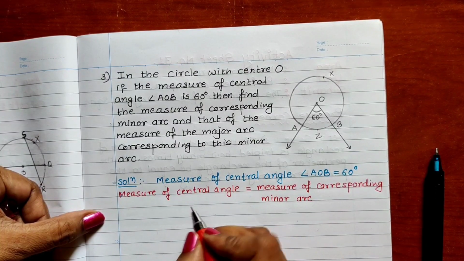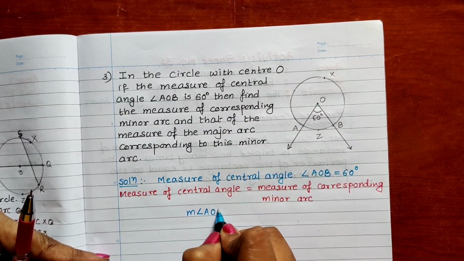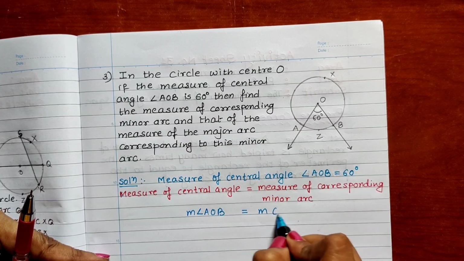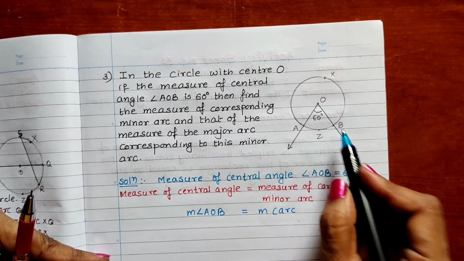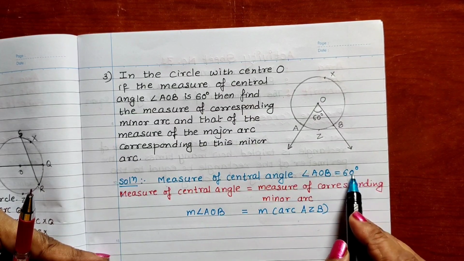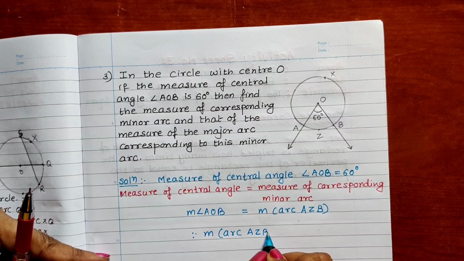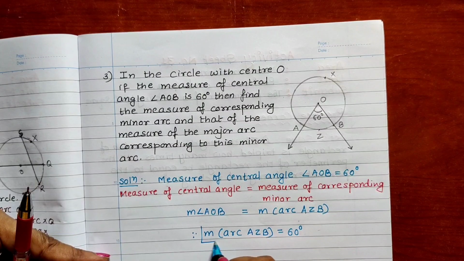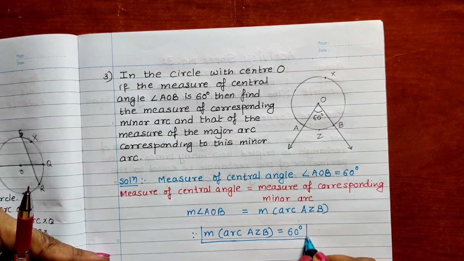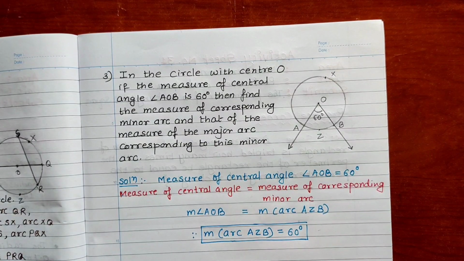Okay, so the central angle is angle AOB. Measure of angle AOB is equal to measure of the arc which is the smaller arc. The minor arc is arc AZB. So AOB is 60 degrees, that means AZB is also 60 degrees. Therefore, measure of arc AZB is equal to 60 degrees. So we have got the measure of the minor arc.